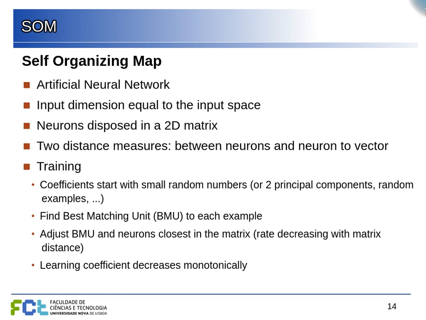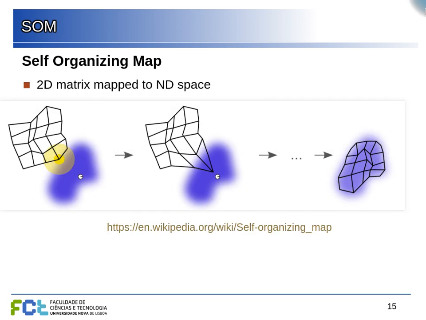So we can imagine that we have 2 different spaces, the grid and the space of our example. When we present an example, we find the neuron that is closest to that example, and we pull it a bit towards that example. But we are also going to move the neurons that are nearby in this 2-dimensional grid, and they will also shift towards the example.